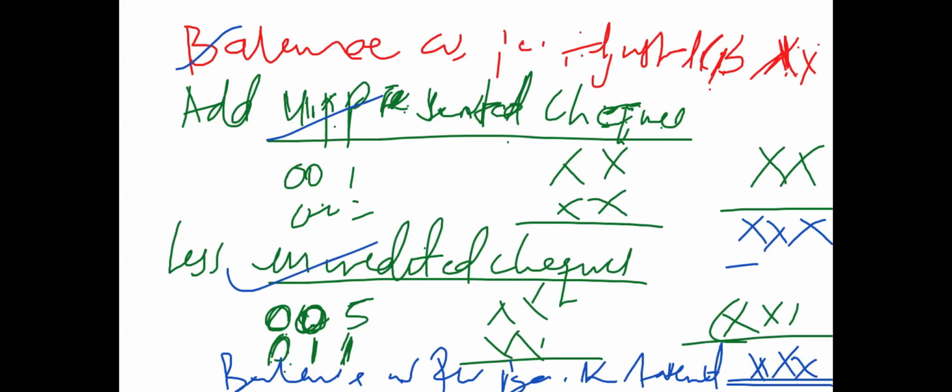Now, at the same time, we are taking off these uncredited checks simply because these uncredited checks are checks which were received from our customers, but when we took them to the bank, we expected the bank to credit our accounts.